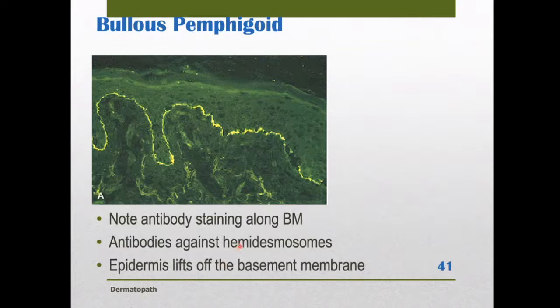So the epidermis rifts off the basement membrane. In some areas you can see that the antibodies are not seen, but it doesn't mean it is intact. Maybe the staining didn't take place. Here we have the empty space of the cleft.